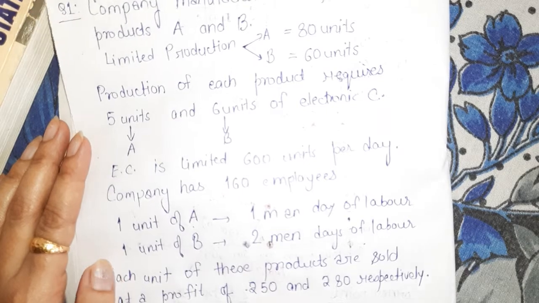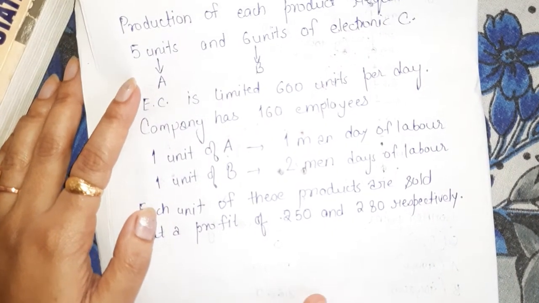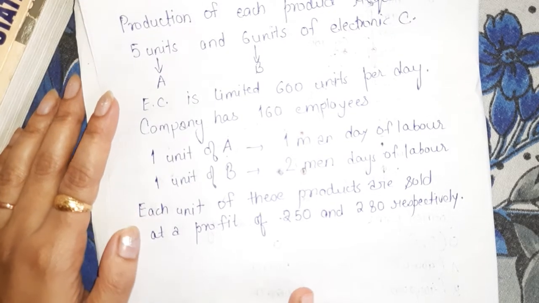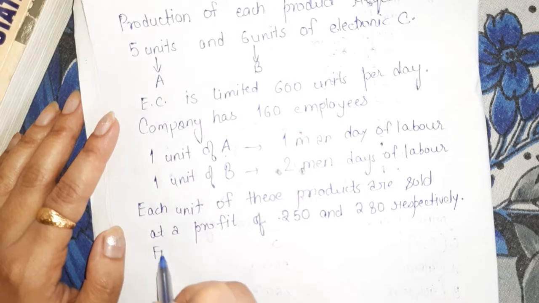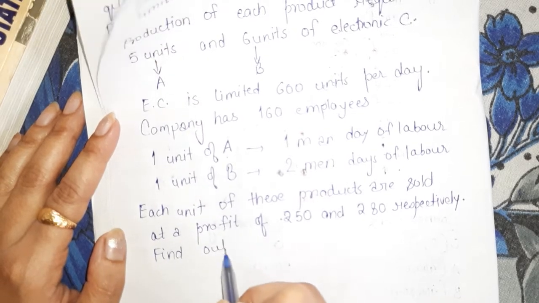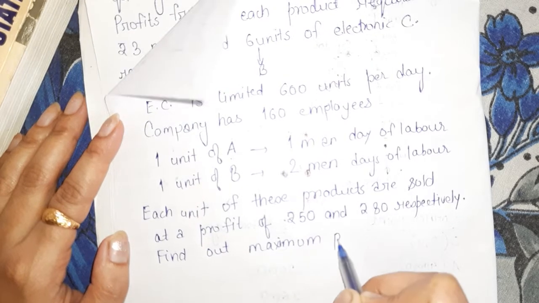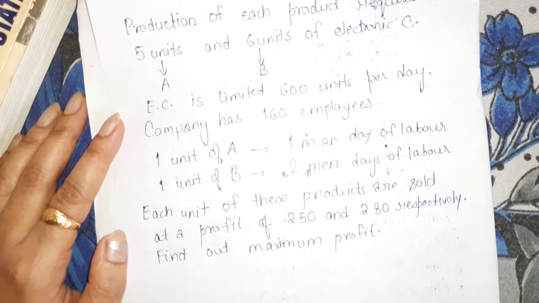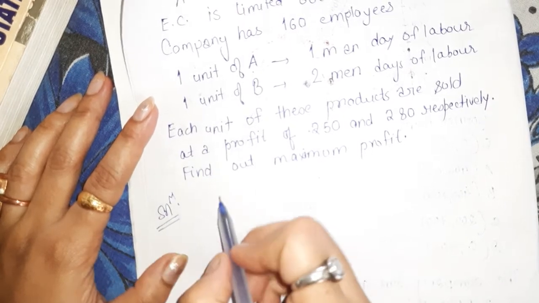Okay, so first we have to make the objective function and constraints. Here you have to find maximum profit. So the question is, find out maximum profit. Okay, so first you have to make the objective function.